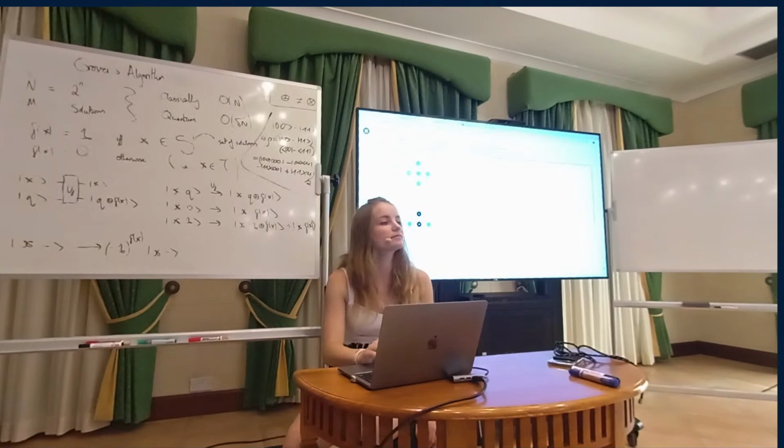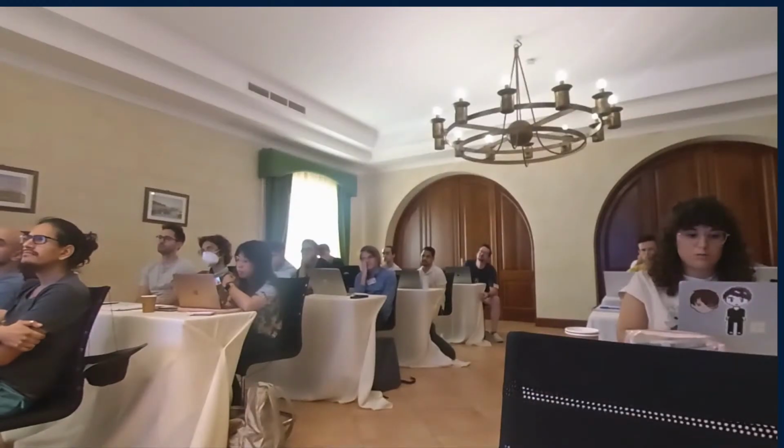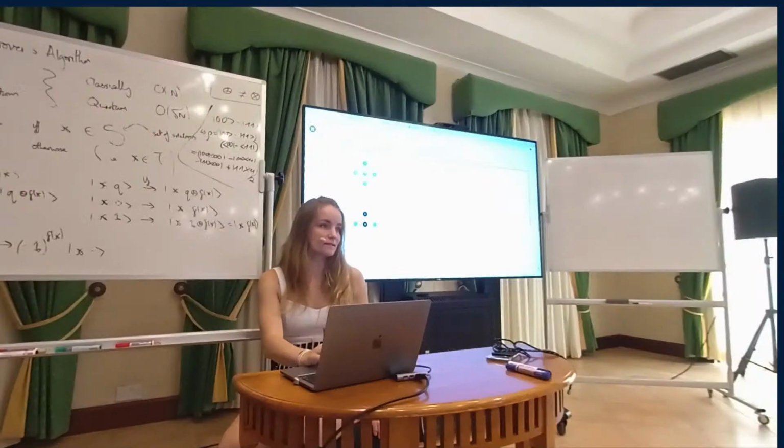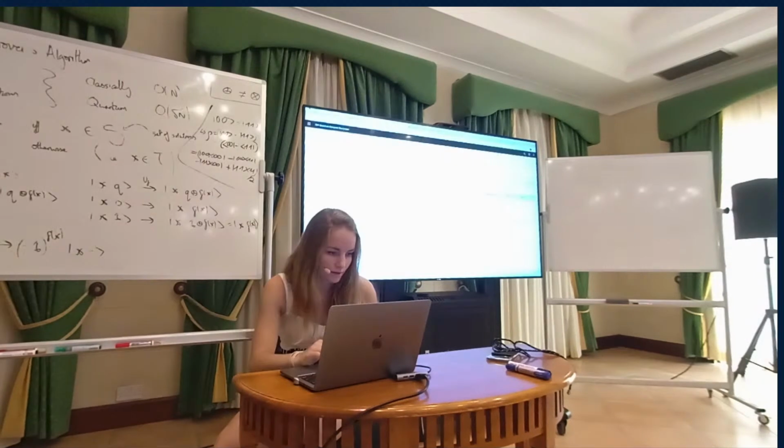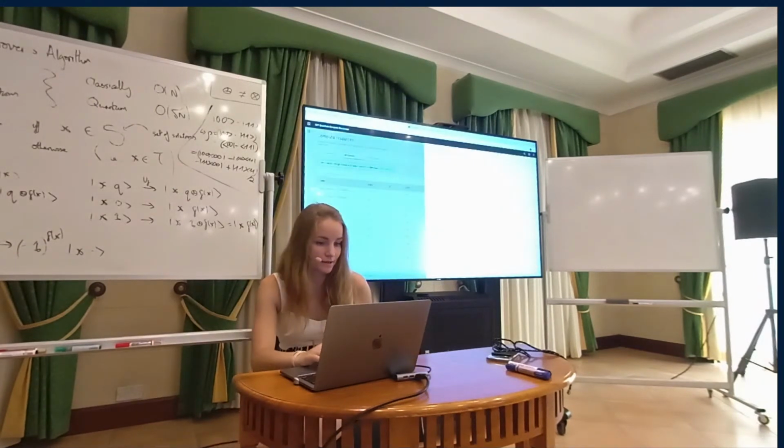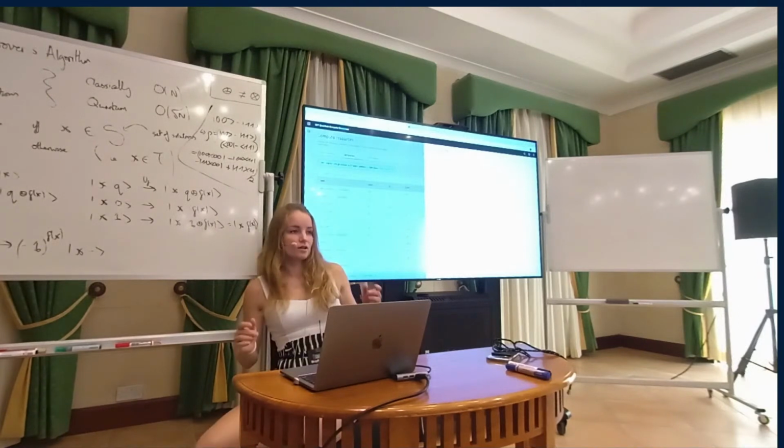What do those lines mean? These are the connectivities. This is the connectivity. So this is actually very important. In general, if you look at IBM's devices, I can actually show you some. Let's look at the 127 qubits, for example. The thing is, they are not all-to-all connected.